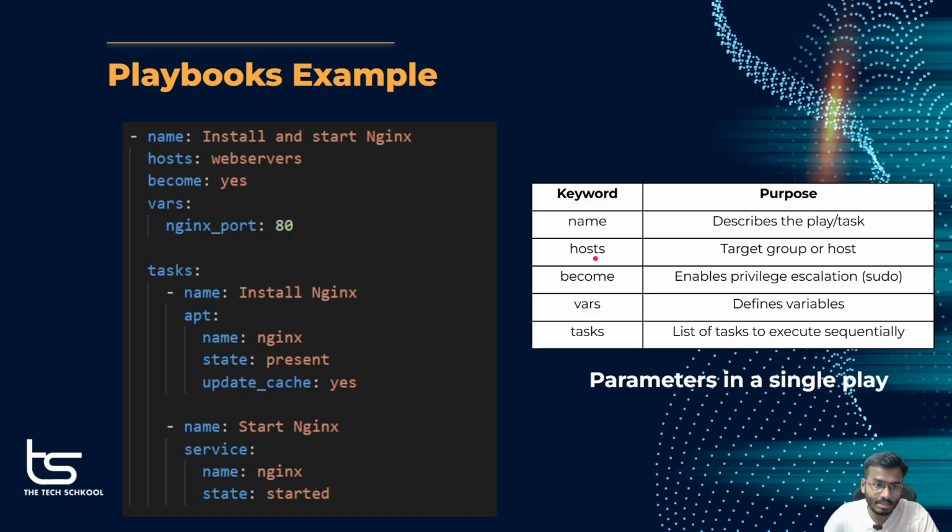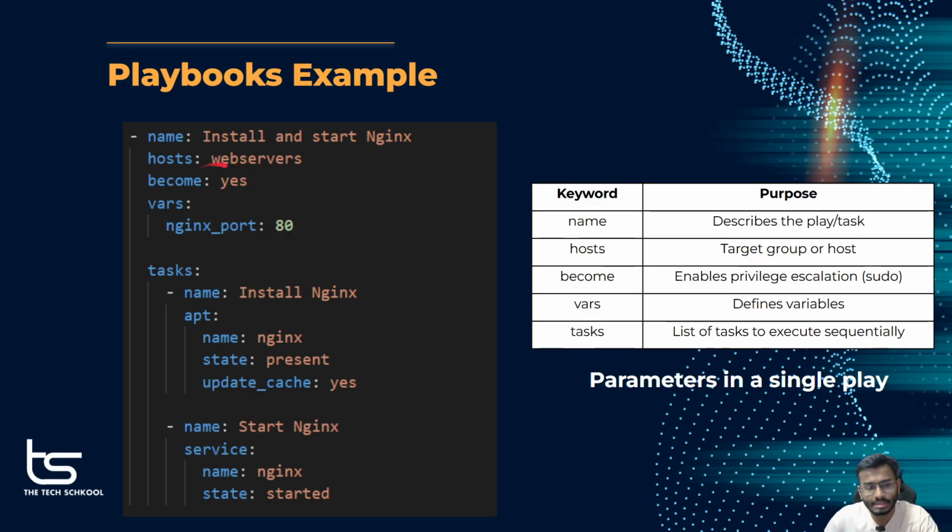Host is important: whether the web servers, the DB servers or any servers that we are targeting inside this playbook, we mention them inside hosts. In previous lectures we have seen the inventory file, and we saw groups in that inventory file, or the parent. Essentially, the parent or the groups can be mentioned over here, or a single host or node can also be directly mentioned using its alias.